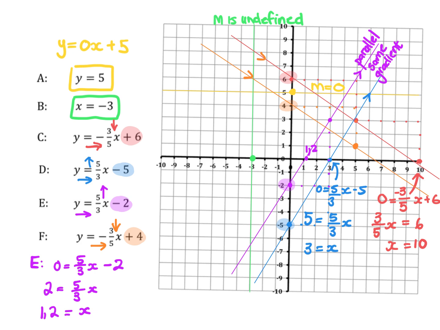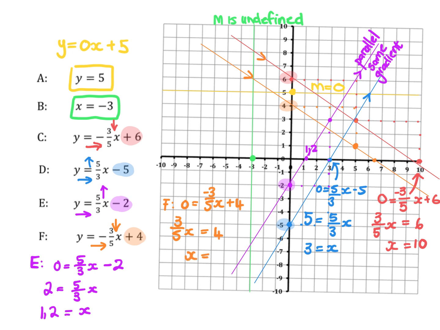There we go. And you'll see that this one is also parallel to the red one because their gradients are the same. I can see I have a funny x-intercept here, which is going to be a fraction. So let's see if we can calculate that point. Let's just calculate it over here where I have F. So 0 equals negative 3 over 5 x plus 4, which means that 3/5 x equals 4.